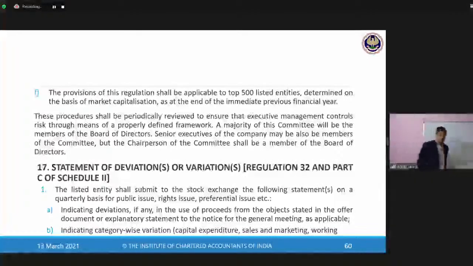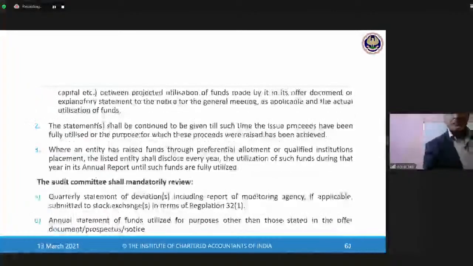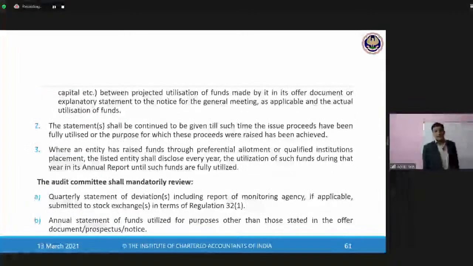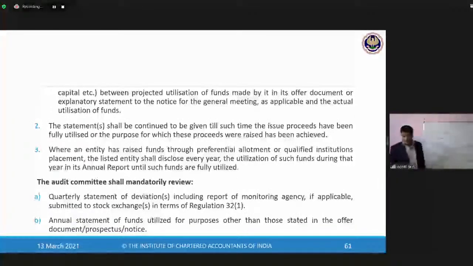It means what has been the variation, whether in capital expenditure, sales and marketing, or working capital, between the projected utilization of funds made in the offer document and the actual utilization. So basically, this statement is all about the variations, deviations.